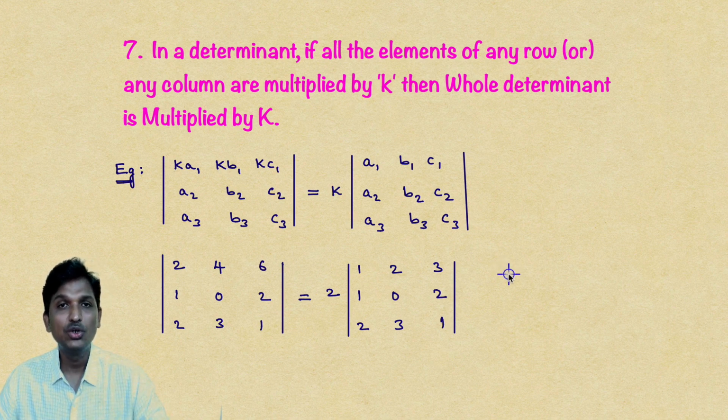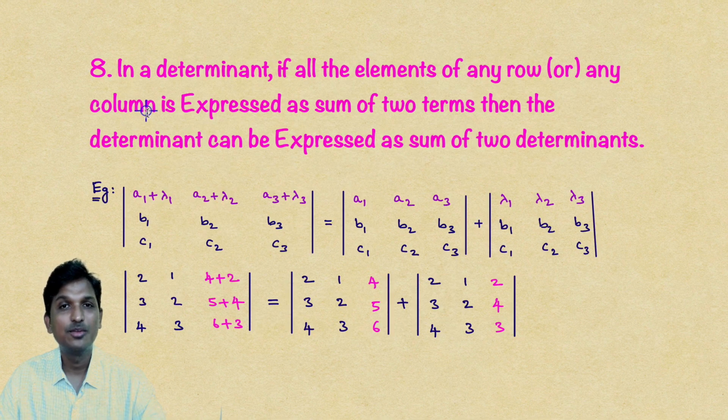Now we'll move on to 8th property. What is 8th property? In a determinant, if all the elements of any row or any column is expressed as sum of two terms, then the determinant can be expressed as sum of two determinants. See here, this is the given determinant.